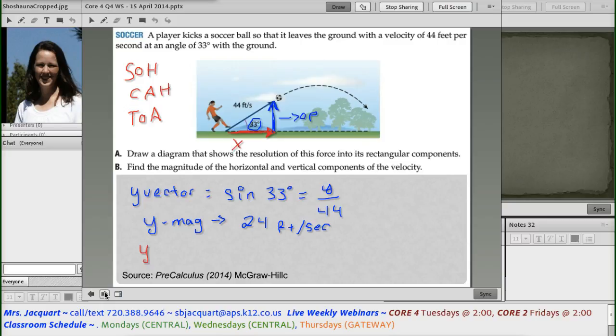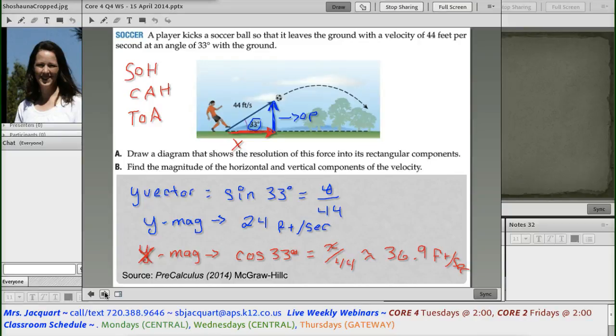So the x magnitude is going to be cosine 33 degrees equals the x dude over 44. So if we take 44 times cosine 33 equals, this one is about 36.9 feet per second.